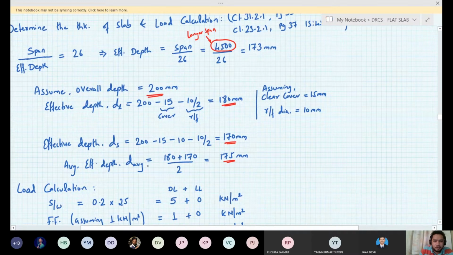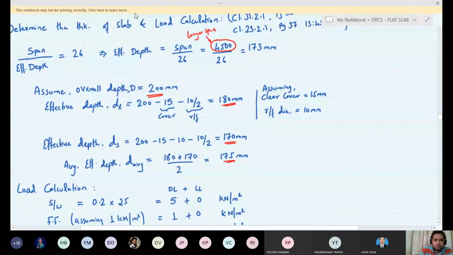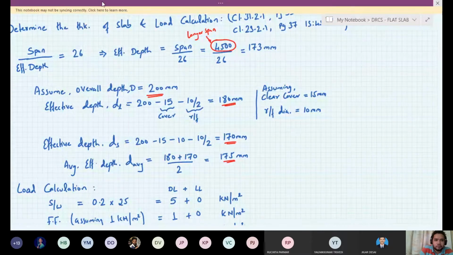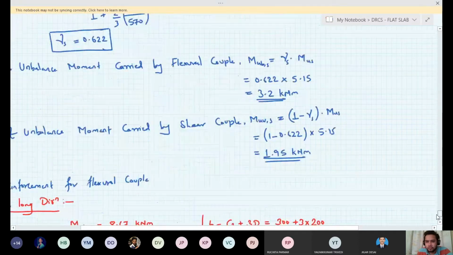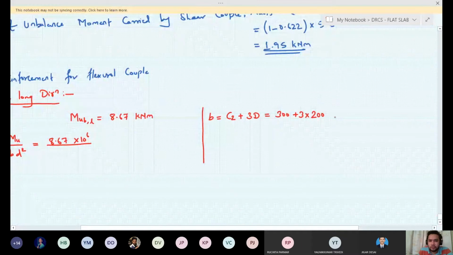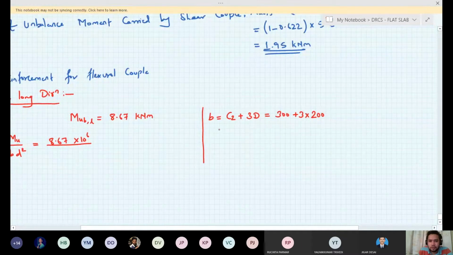This is your capital D. So how much is this value?